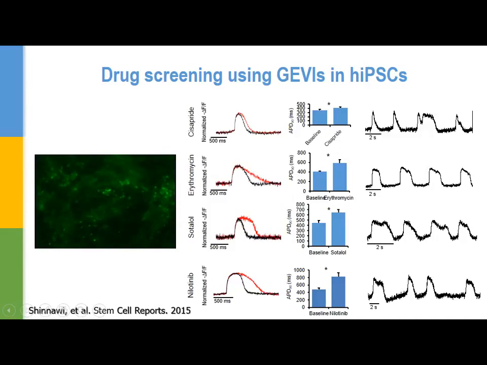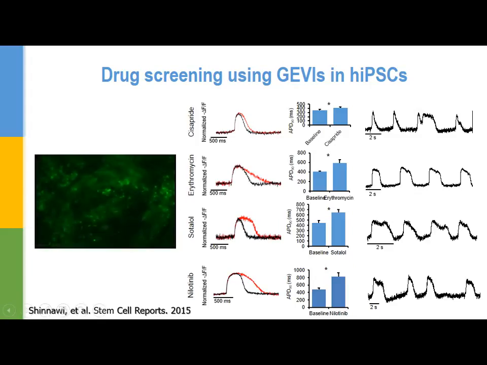We've also been able to generate high-throughput drug screening systems using genetically encoded voltage indicators, what we call GEVIs, and you can see here the fluorescent signal giving us an indication of the voltage in the membrane.